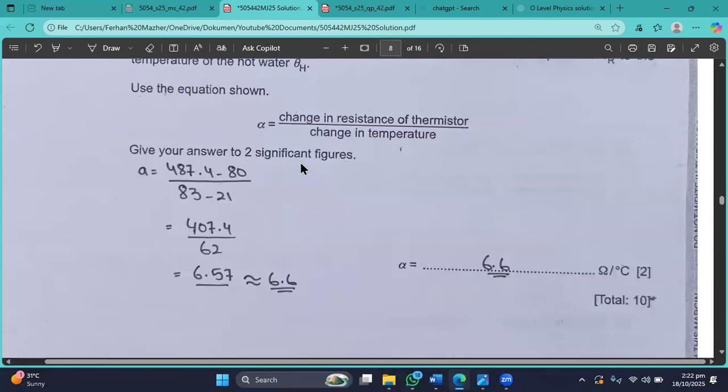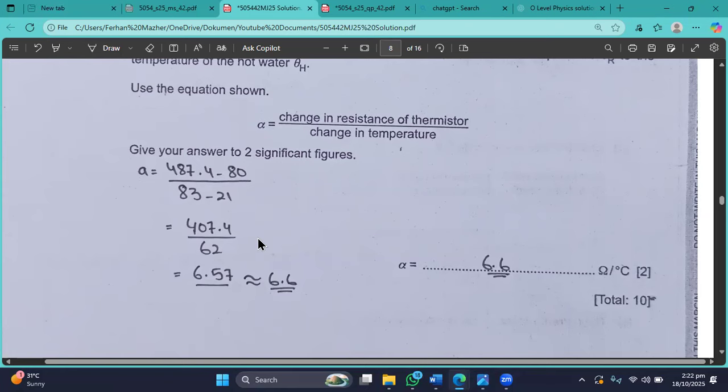Change in the resistance: the resistance changed from 487.4 and it went to 80, and the temperature changed from 21 to 83. So it's 407.4 divided by the change in the temperature, that is 83 minus 21, which is 62.